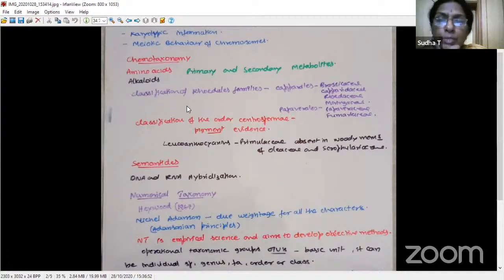Because chemical substances are very specific, just as we told about the chromosome structure. The chromosomes are ultimately the source, the genotype, so they are going to be reflected in the form of a phenotype.